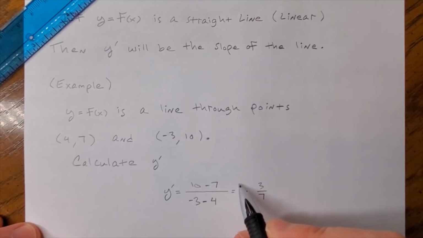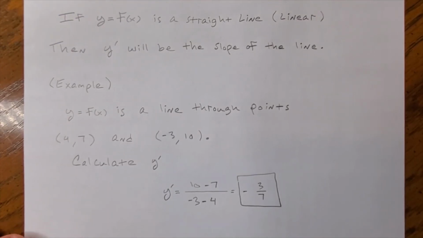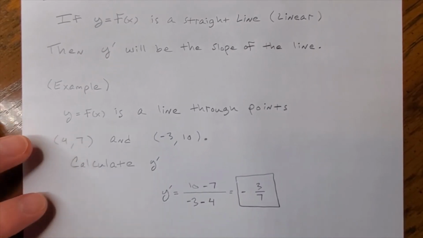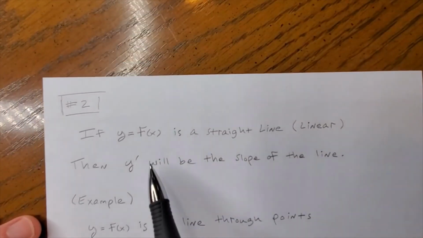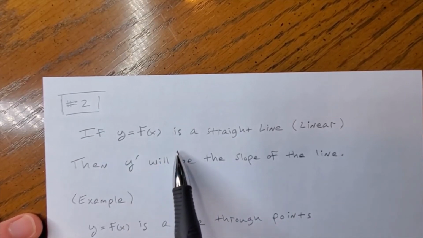Okay, so what's your derivative? Well, in the case of lines, it's pretty simple. It's just the slope, so we'll say negative 3 over 7, because that is what the slope of that line would be. Now, how is this a shortcut? Well, say you didn't know that the derivative of a line is just the slope of that line.